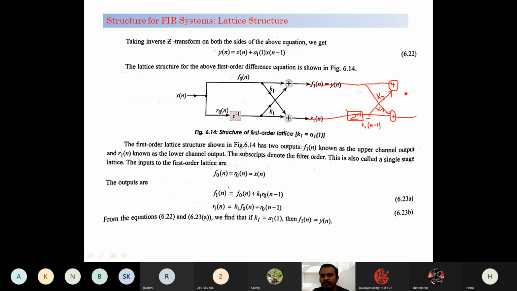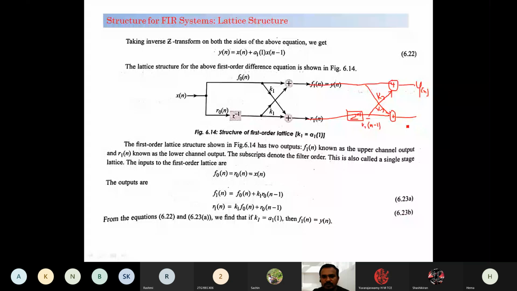So what we are going to get here? It is the exact output y of n. That is nothing but f2 of n and r2 of n. So it goes on continuously. So we are deriving that step. This step we are designing.